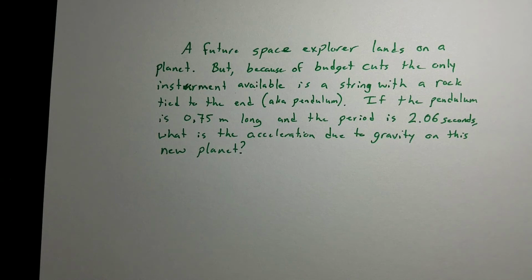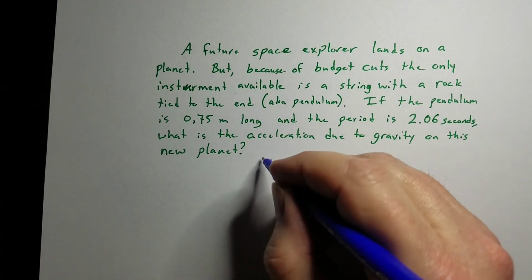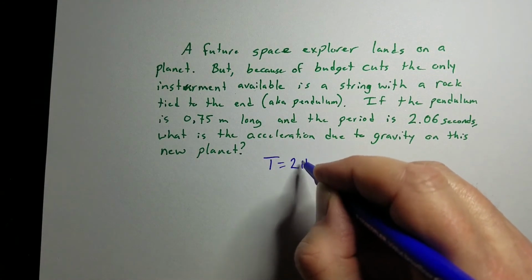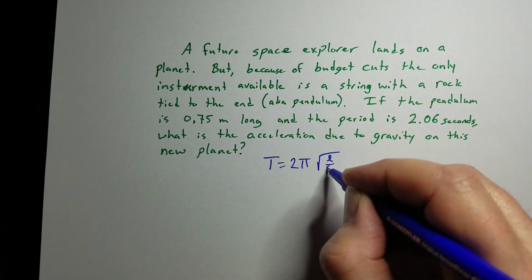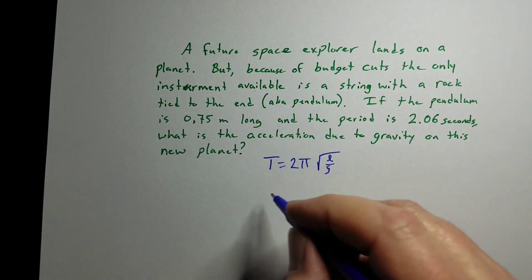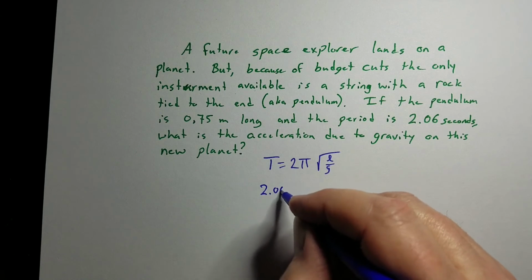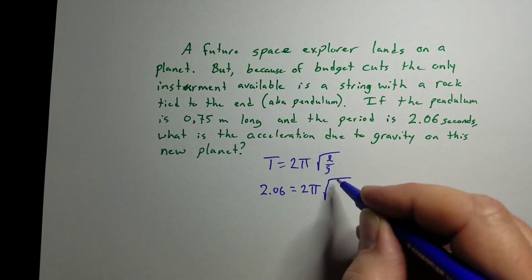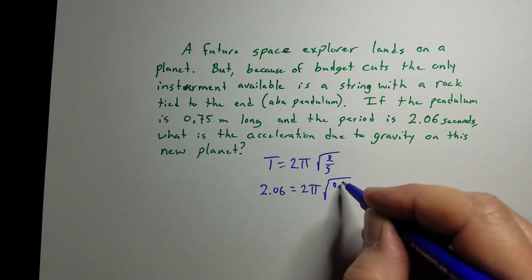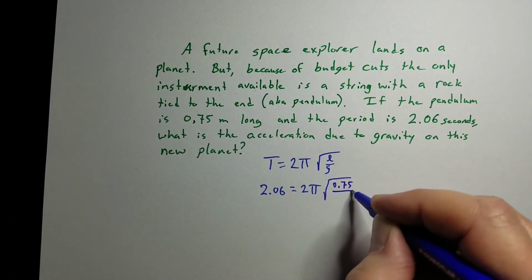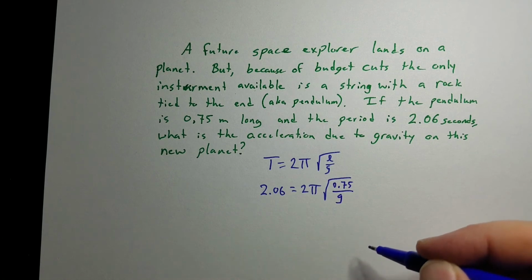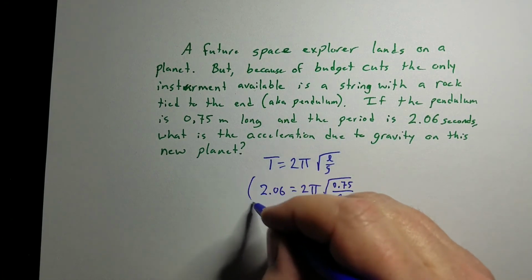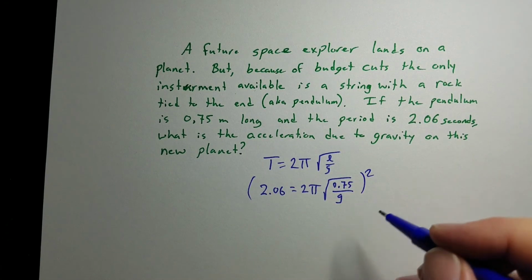So we still start off with our basic equation. Period equals 2 pi square root of L over g. We know the period is 2.06, 2 pi, we know the length of the pendulum is 0.75, and we've got to figure out g this time. So again, I'm going to square everything.